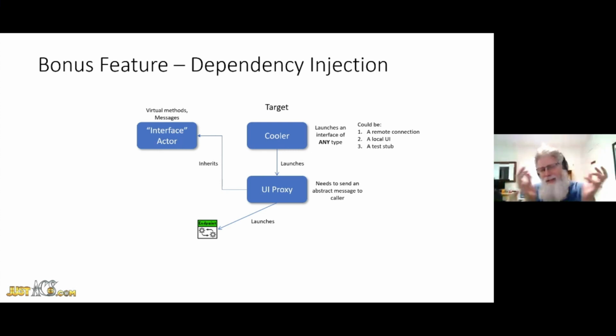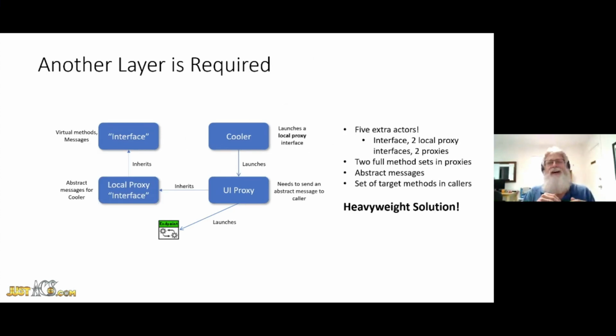But it's actually a little bit worse even than that because of the dreaded abstract message. The reality is that in all probability, these proxies for my remotes or for these other systems need to send messages back to their callers, which pulls an abstract message into the equation. And in the case of my remote access proxies, the abstract message is specific to one target or the other.